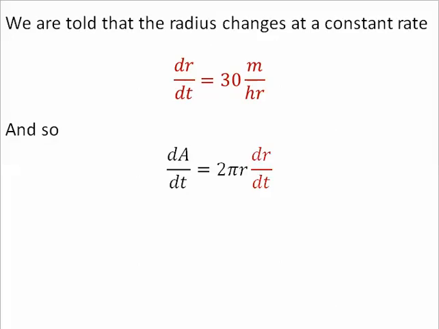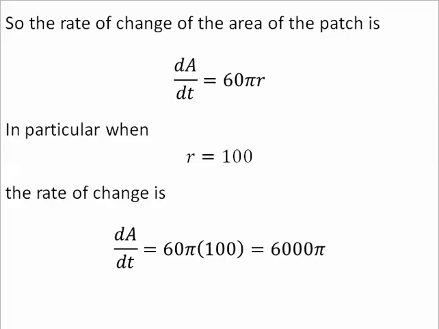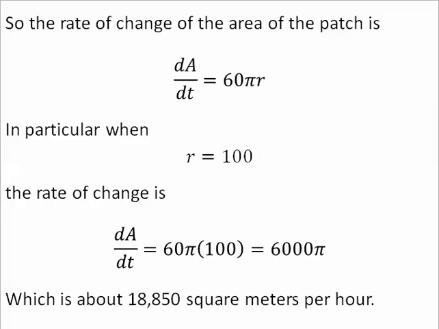And so dA/dt, which is 2 pi r dr/dt, can be rewritten as 2 pi r times 30. And so dA/dt is equal to 60 pi times r. In particular, when r is 100, then dA/dt is 6,000 pi, or approximately 18,850 square meters per hour.